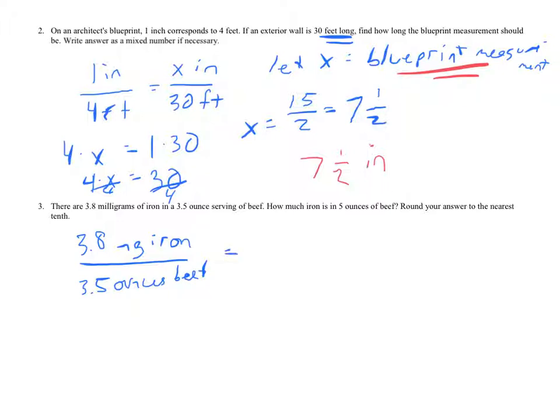That's the first ratio in our proportion. The second, how much iron is in 5 ounces of beef? So that would be x milligrams in 5 ounces of beef.